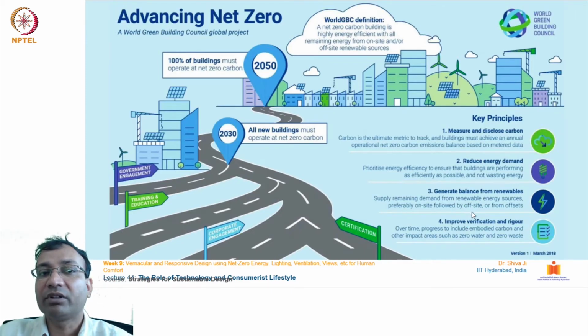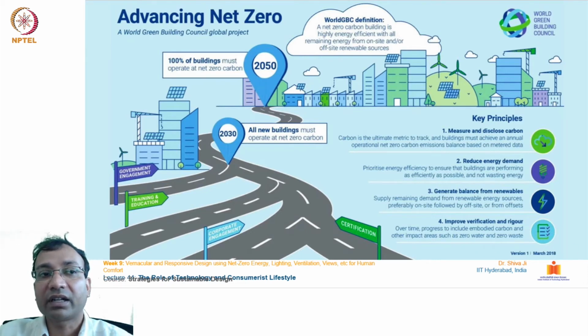Supply remaining demand from renewable energy sources, preferably on-site followed by off-site or from offsets. Lastly, fourth, improve verification and rigor. Over time, progress to include embodied carbon and other impact areas such as zero water and zero waste. So, not just net zero energy building, but zero water and zero waste building also.